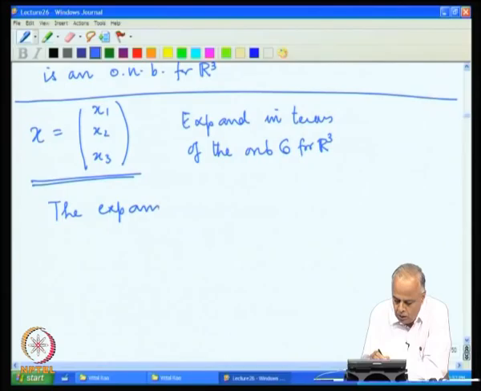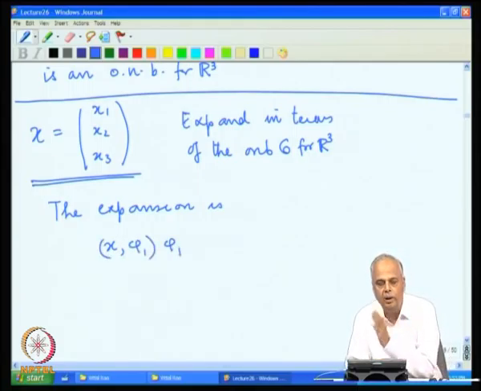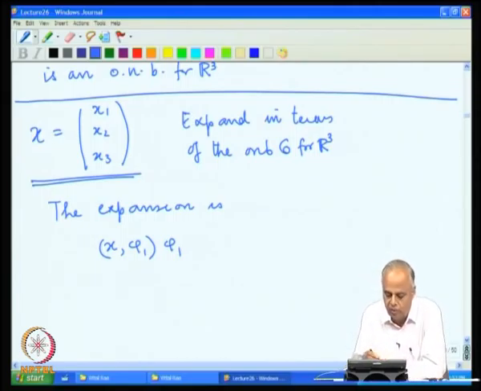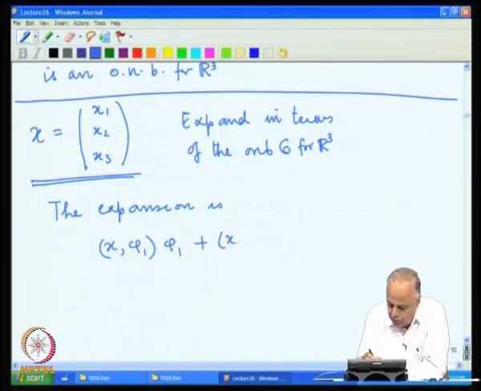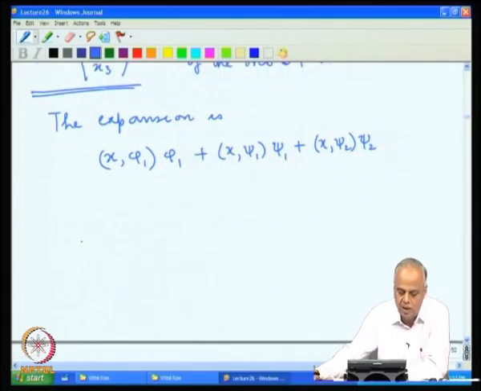We know that whenever we have an orthonormal basis, the coefficient of the phi 1 vector is the dot product of x with phi 1. Similarly, the coefficient of the psi 1 vector is the dot product with psi 1. The coefficient of the psi 2 vector is the dot product with psi 2. So, now let us find each one of these numbers.